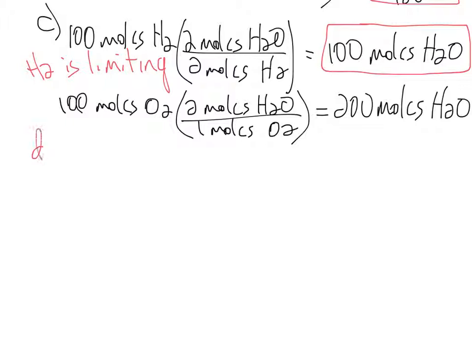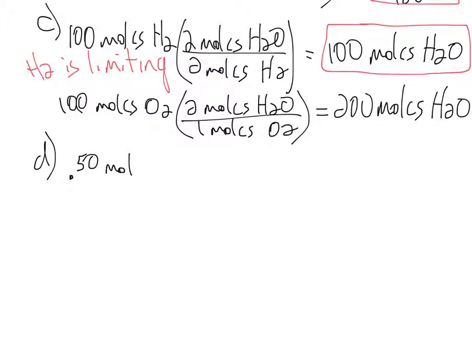In part D, here they're giving us moles instead of molecules, but the exact same calculation is done. The ratio of molecules is the exact same as the ratio of moles of molecules.